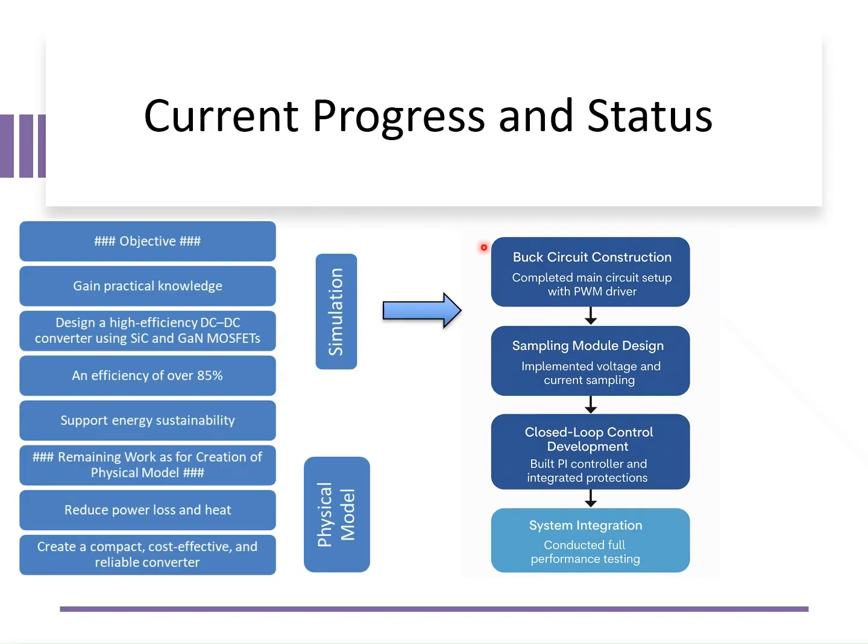First, Mickey, our member, finished the construction of the main circuit with the PWM driver. Jeff completed implementing and tuning the voltage and current sampling. Next, Kofi finished building a PI controller and integrating protections. I finished conducting the performance and efficiency tests.